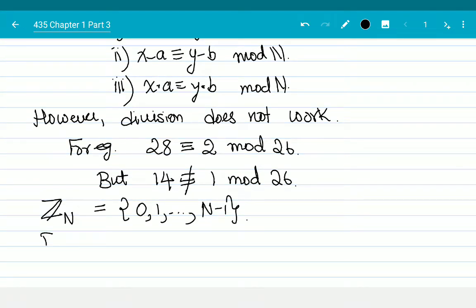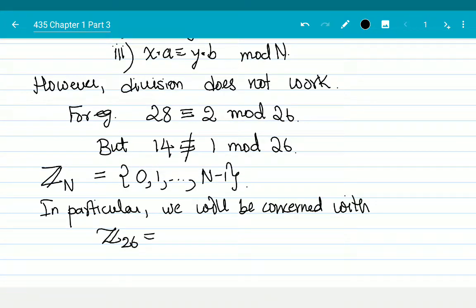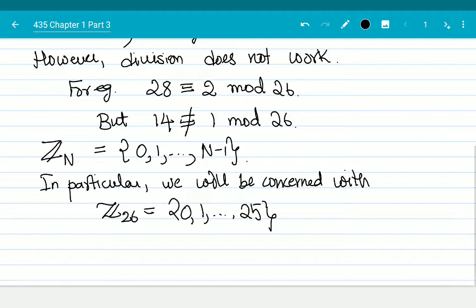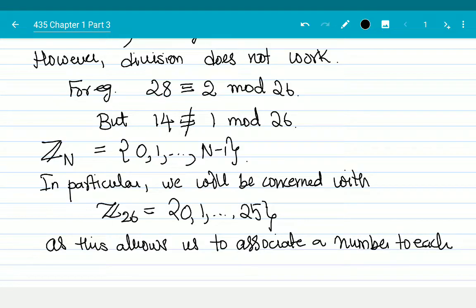In particular, we will be concerned with Z26, which is 0, 1, all the way to 25, as this allows us to associate a number to each letter, right?